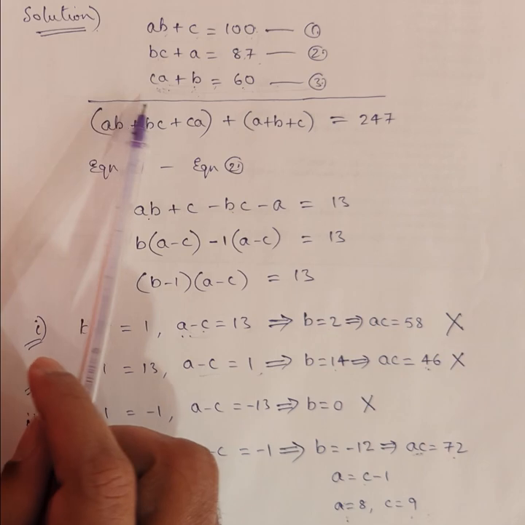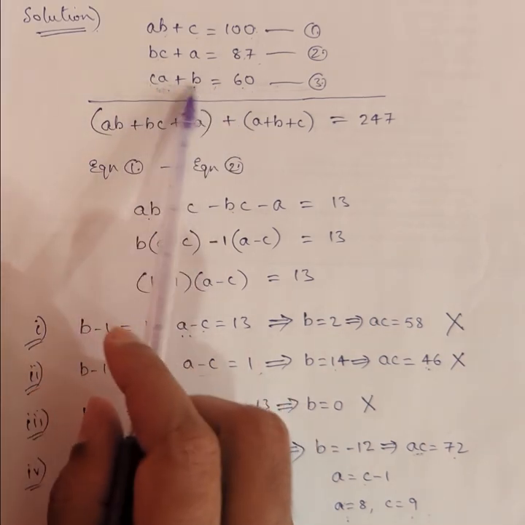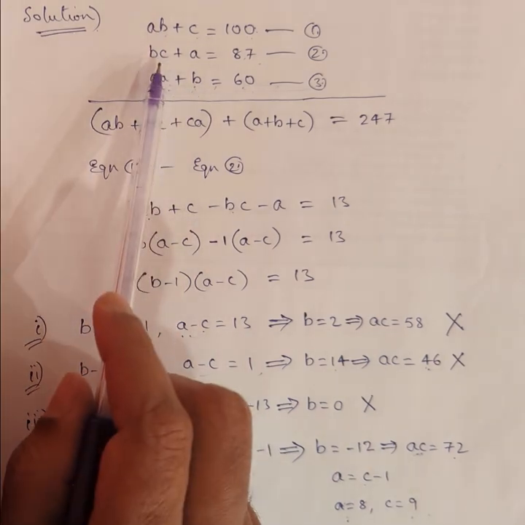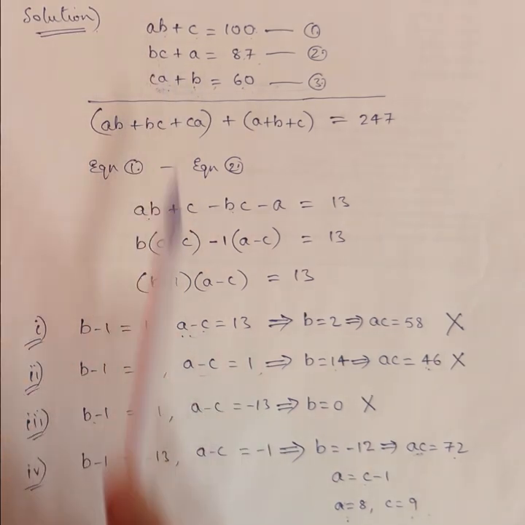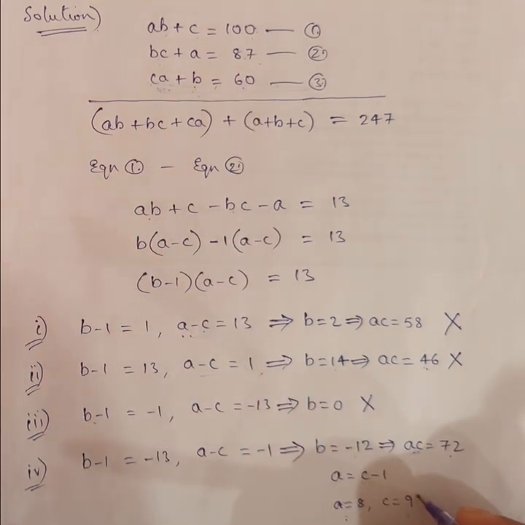Oh, actually, we can't use this one, this is how we got this. So maybe we can check here. Is bc plus a, so b times c, negative 12 times 9 is negative 108, plus 8, is not 87. So this is not going to work.